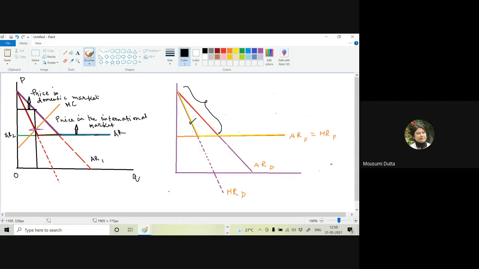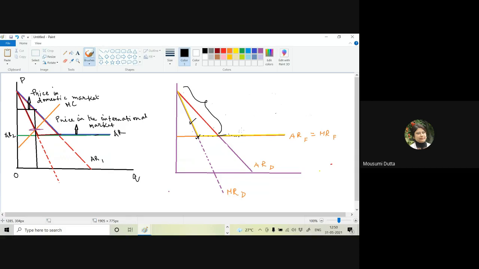And starting from this point, the demand curve is merging with the competitive line. So when I'm coming to this point of the marginal revenue, it will follow the line which is under perfect competition. Under perfect competition, AR is equal to MR. So we are following that line.